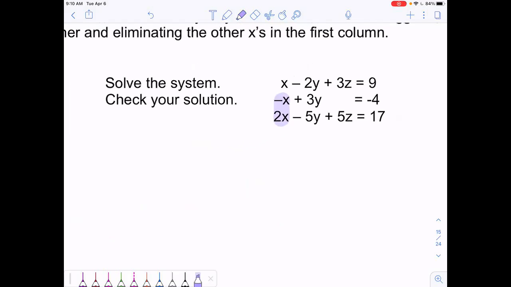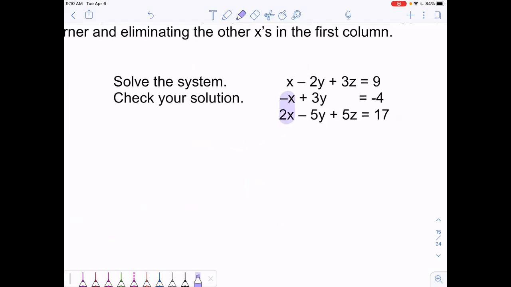So if you look, we're going to start pairing equations together, and we're going to start by pairing the first two equations together. If you pair these two equations together and use elimination, I'm going to write them over here on the side. So my first equation stays the same. I'm going to look at the second equation.